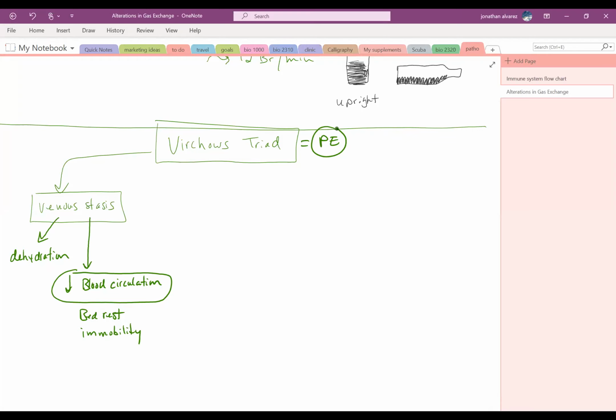Otherwise, you can create problems. So one of the three is the venous stasis. Also, congestive heart failure can contribute to venous stasis or decrease in blood circulation.